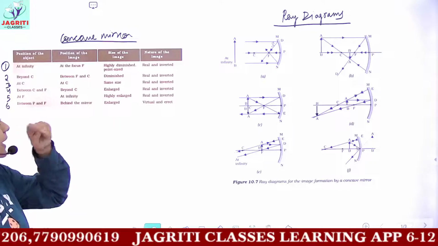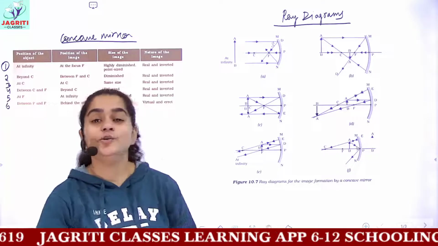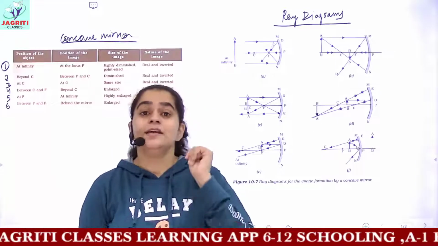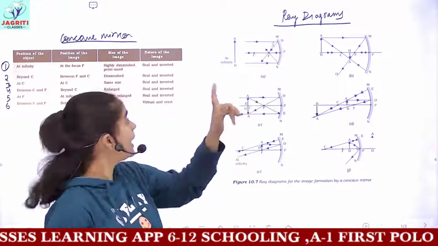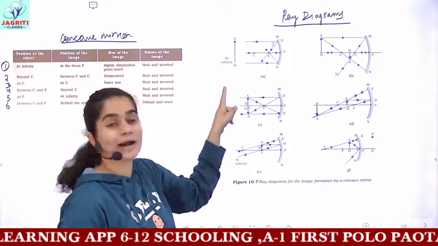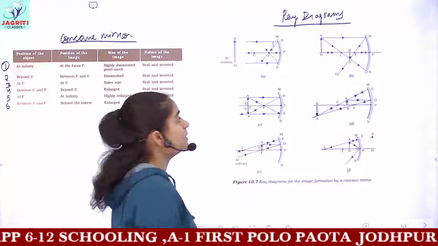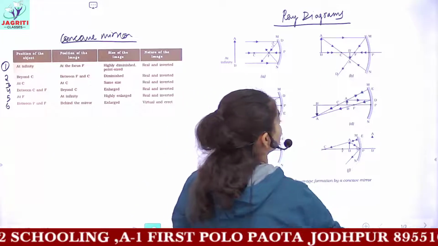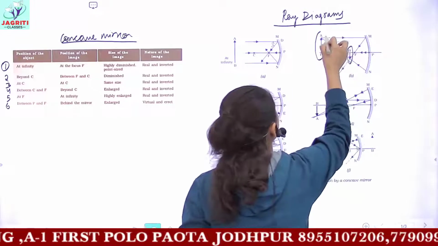Now we have done the rules for making the ray diagrams, that is, you can draw 4 kinds of lines. These light rays always come from the object, and the object is generally represented by an arrow called AB, and the image formed is represented by A dash B dash. Here this is the image formed, and this was the object.